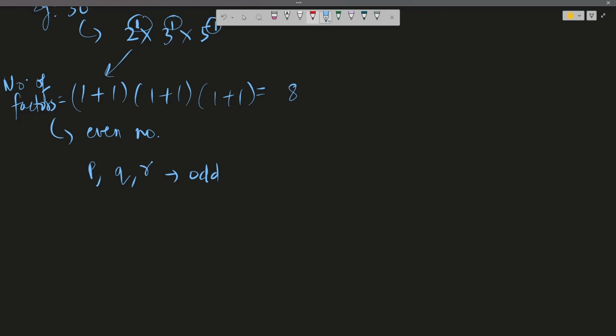And when we add 1 to any odd number, it becomes an even number. An even number, when multiplied by an odd number, gives us an even number.